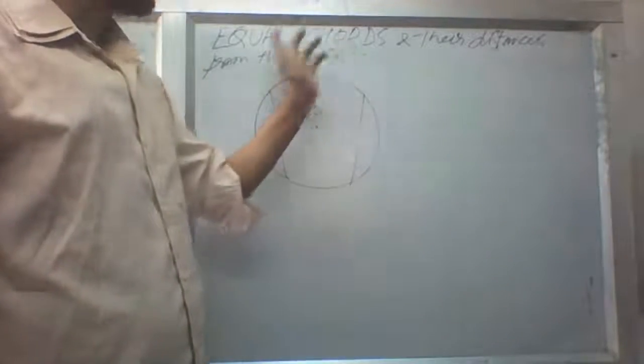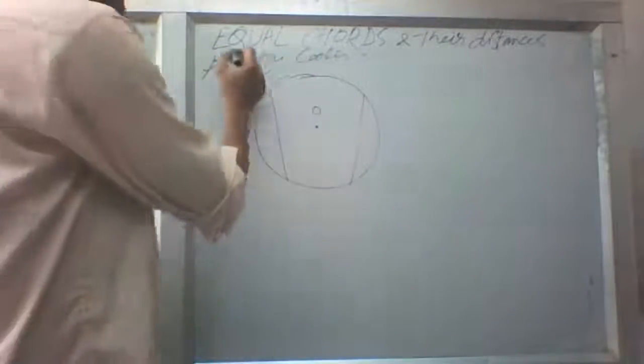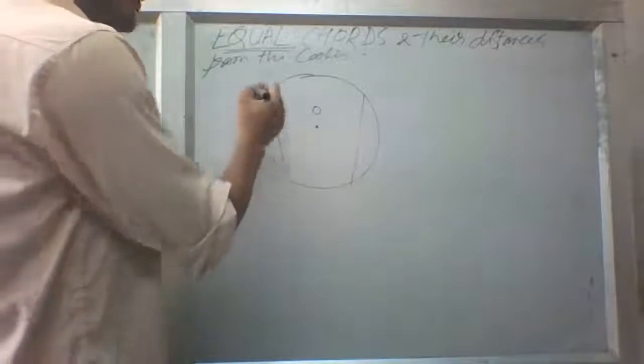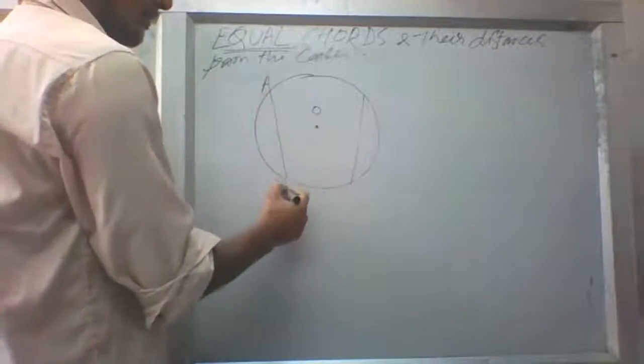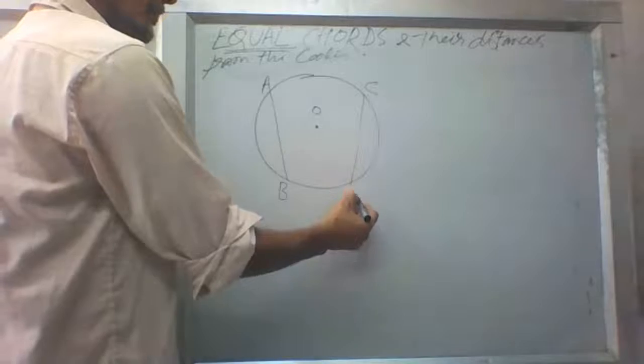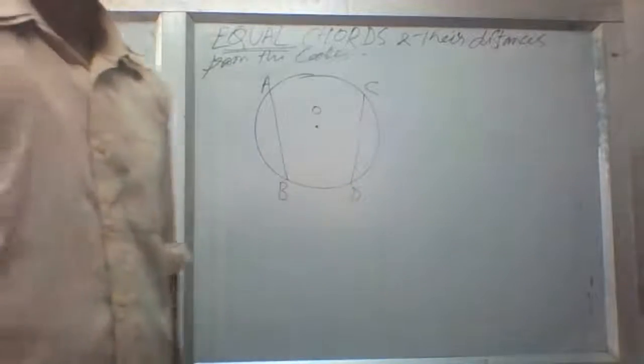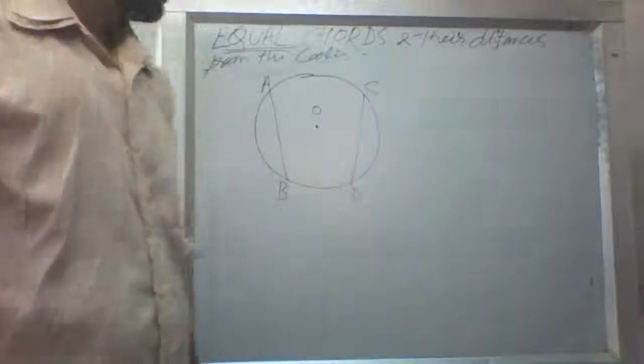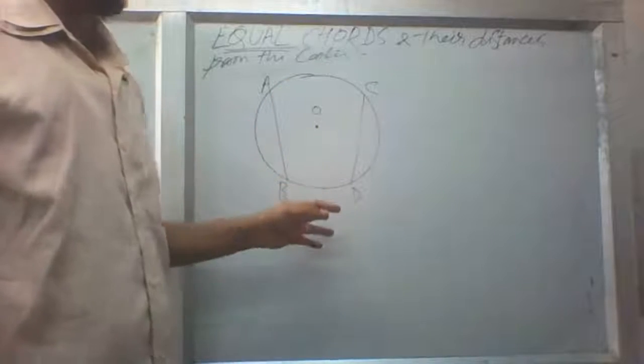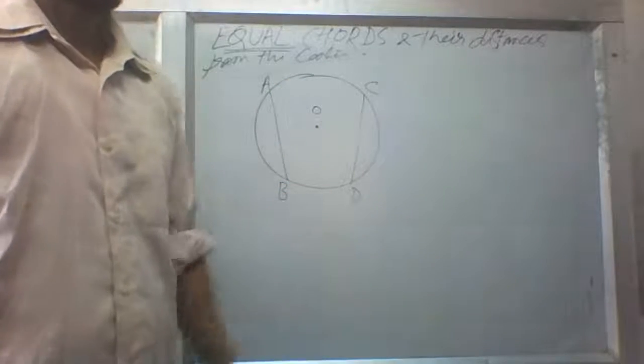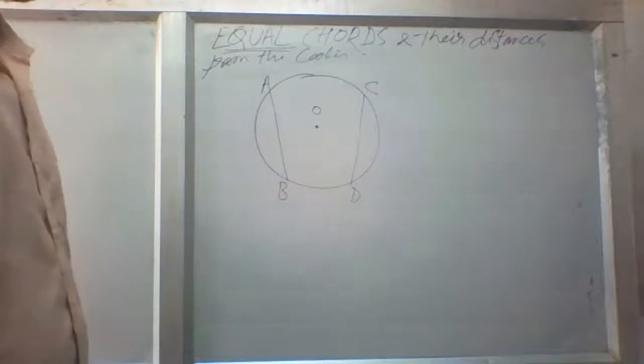These two chords are equal. Equal should be underlined. This chord AB is equal to chord CD. Got it? And through this you can make a diameter.